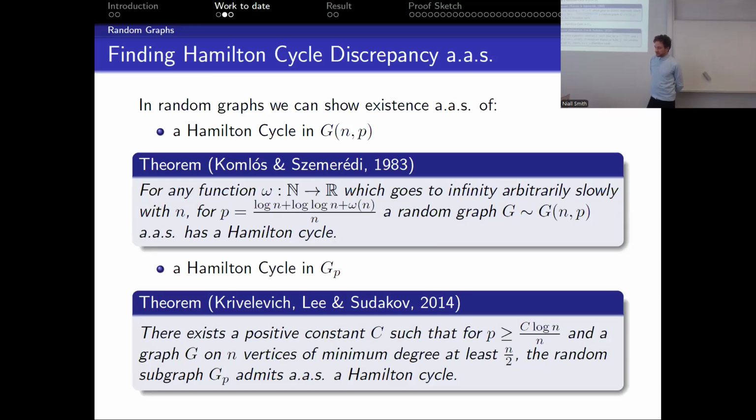More recently, for an arbitrary host graph with high degree, so the minimum degree of the host graph is the Dirac threshold n/2, if p is above a big constant times log n/n, then with high probability the random subgraph has a Hamilton cycle.